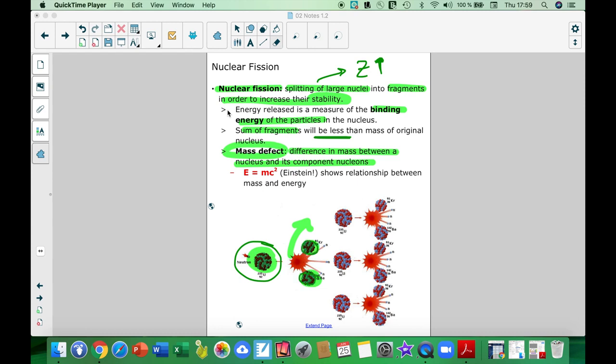If we add the mass of the two smaller nuclei, that mass will be smaller than the mass of the original atom nucleus. So that mass is going to change into energy, and that is the energy released in the process. That is explained through Einstein's equation that shows the relationship between energy and mass.